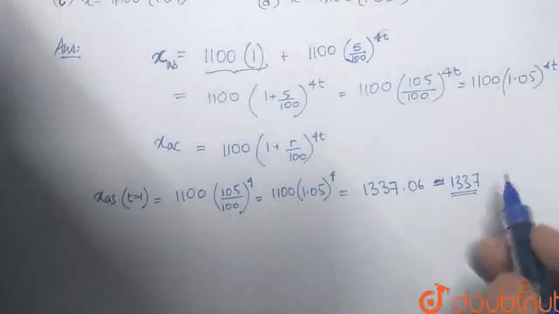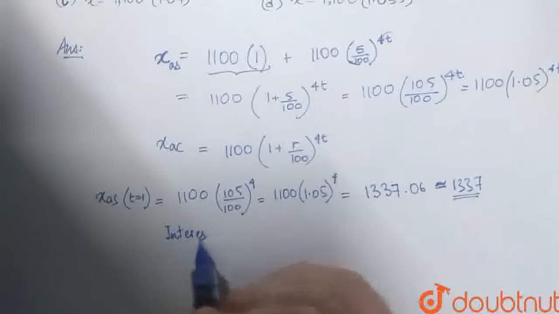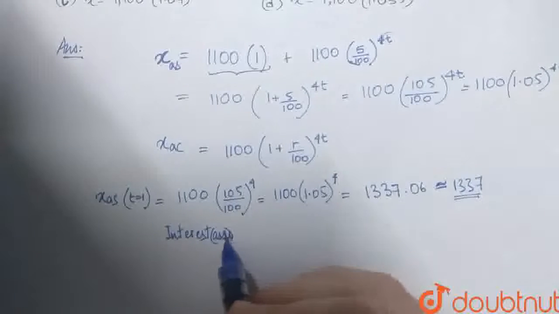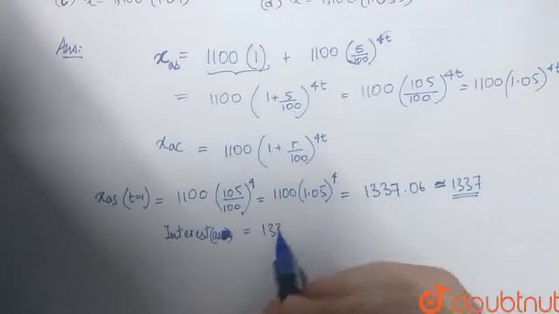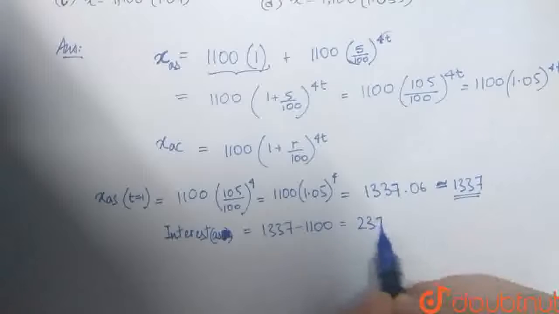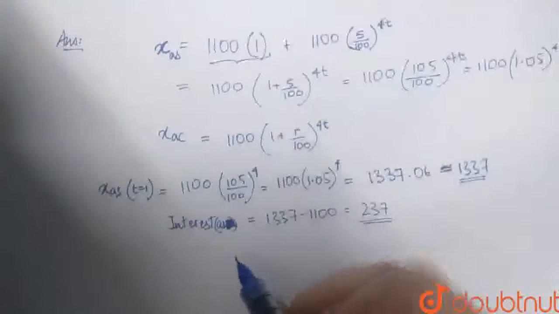So the interest assumed was 1337 minus the principal amount 1100, which becomes $237, right? So she assumed she would have gotten this much interest after 1 year.